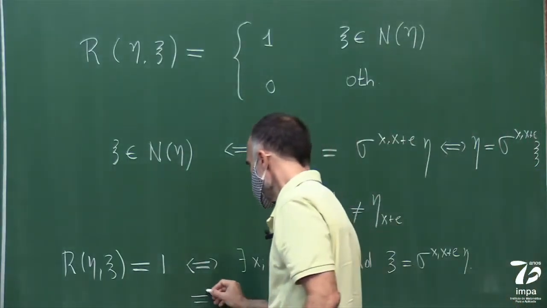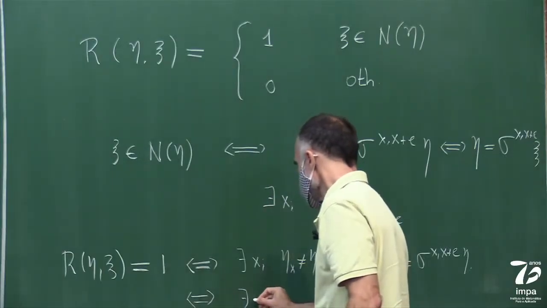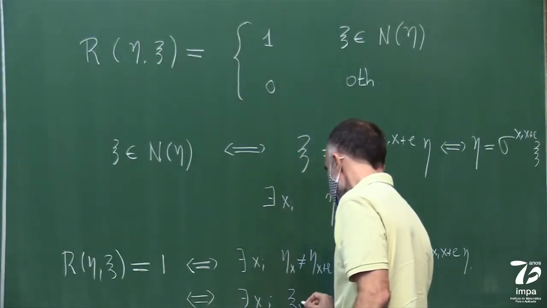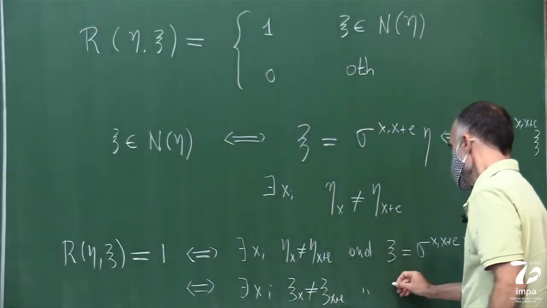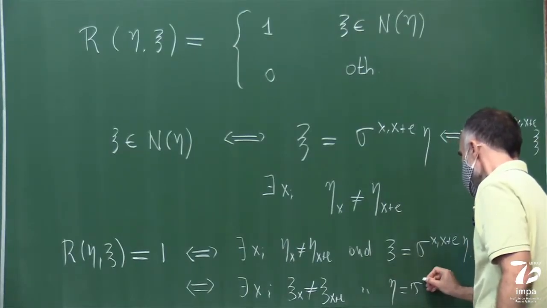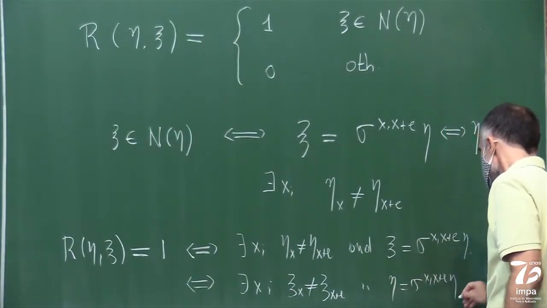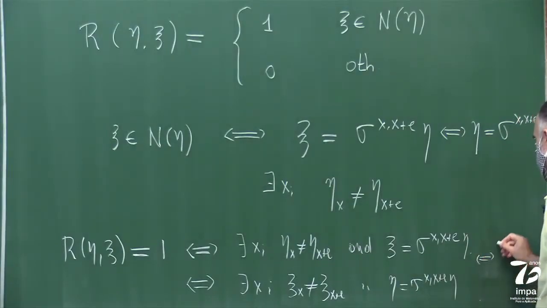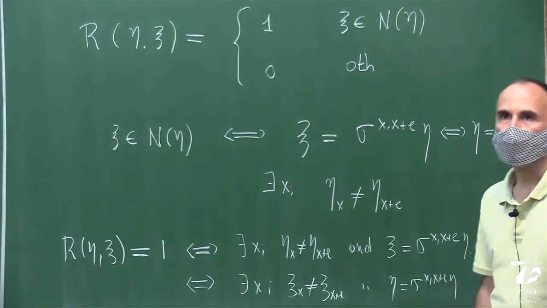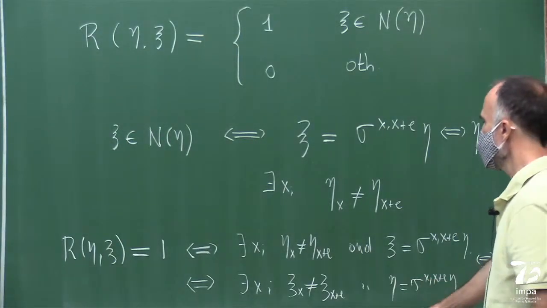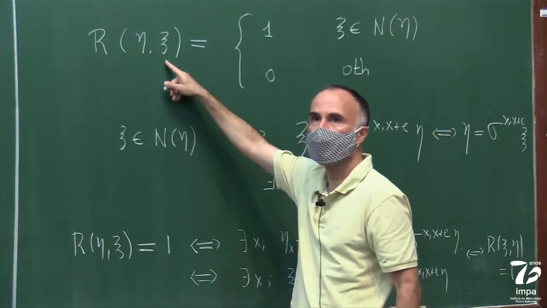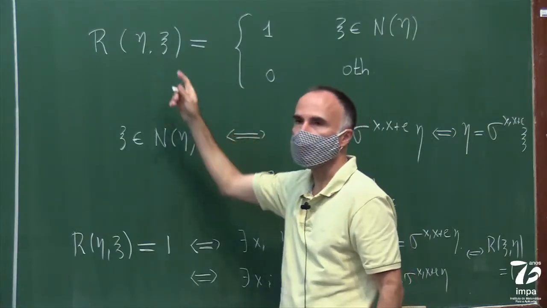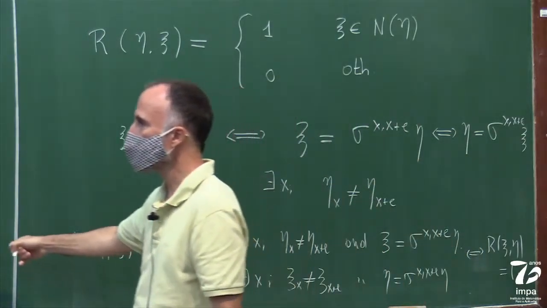And this is if and only if there exists an x such that psi(x) is different from psi(x+e), and eta is equal to sigma_{x,x+e} of psi, and therefore if and only if r(psi,eta) is equal to 1. Okay? So either psi is such a configuration, and therefore r is equal to 1, but if this is the case, r(psi,eta) is also equal to 1. So this proves that r is symmetric.